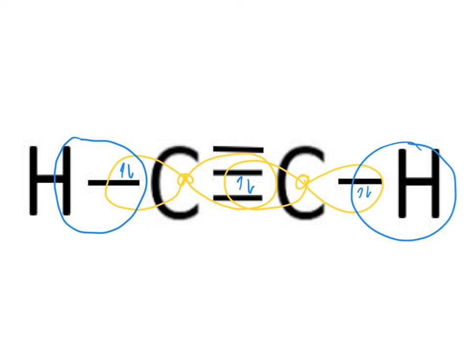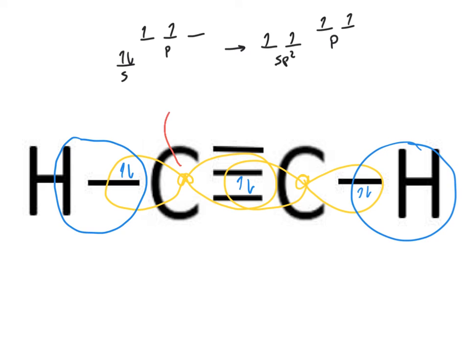And so since we have formed sp hybrid orbitals, recall that what that leaves us with are two p orbitals that are still unhybridized around each carbon. And so let's draw those in as well.